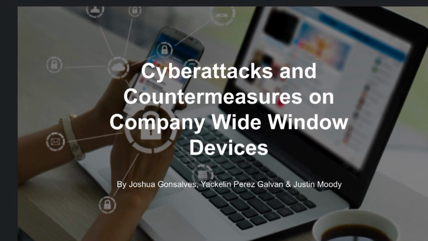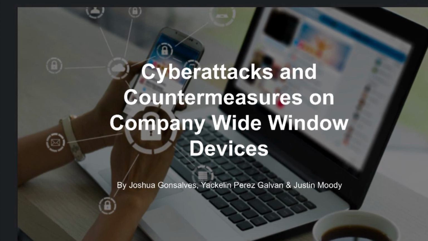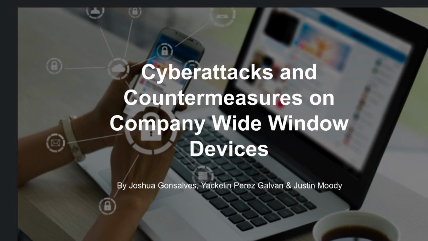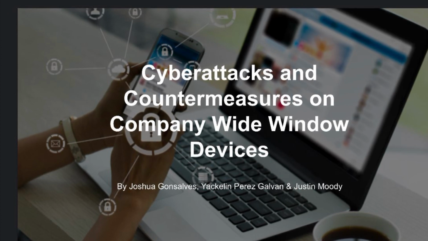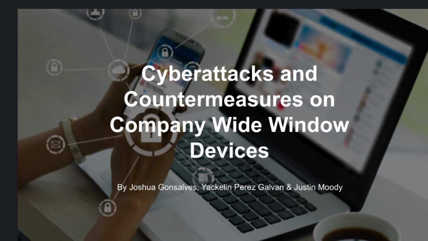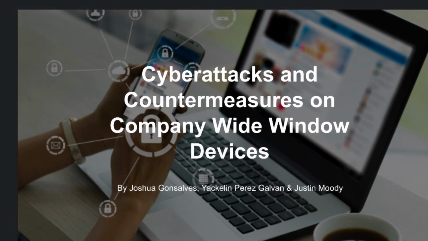This project will look at several cyber attacks such as malware, ransomware, and phishing that can affect Windows-based devices and provide practical solutions to thwart them. By following these recommended practices, users may lessen the possibility of cyber attacks and ensure the security and safety of their Windows devices.